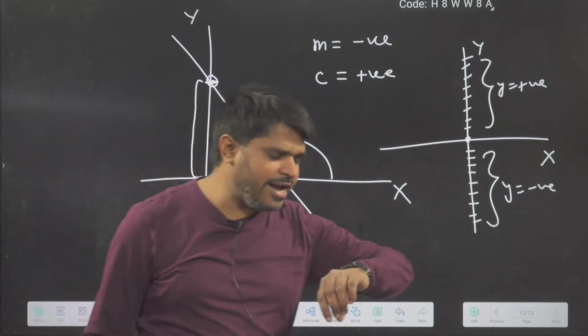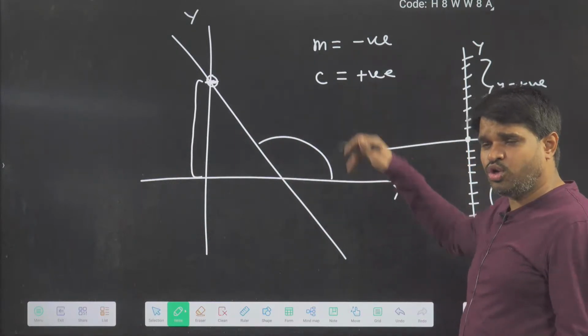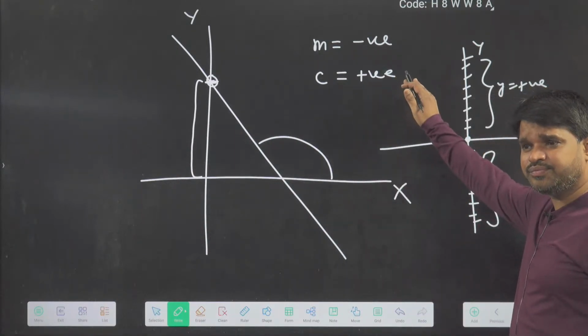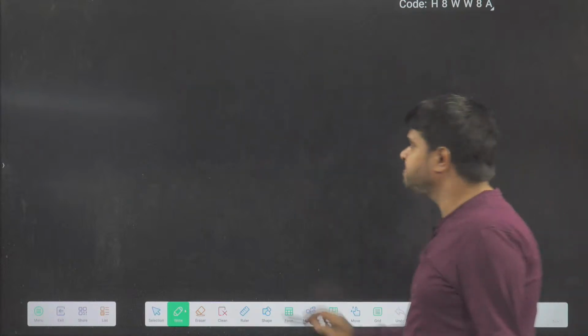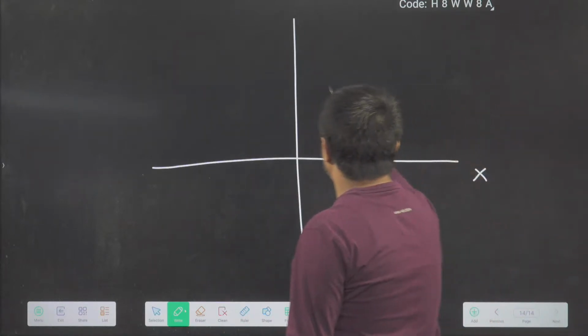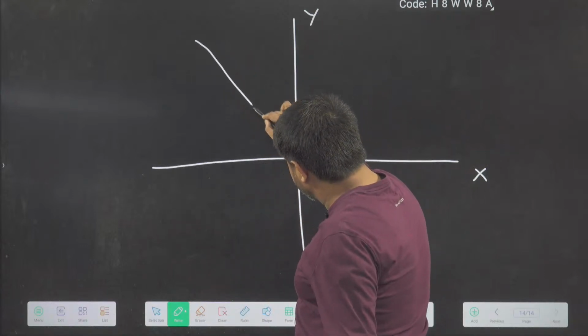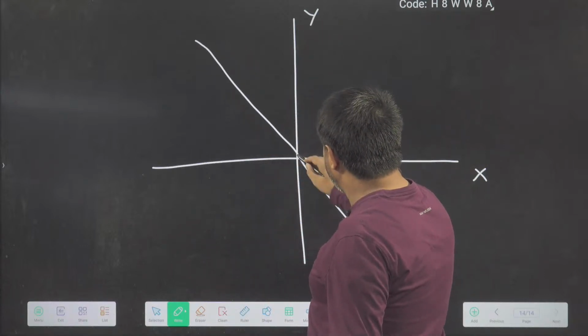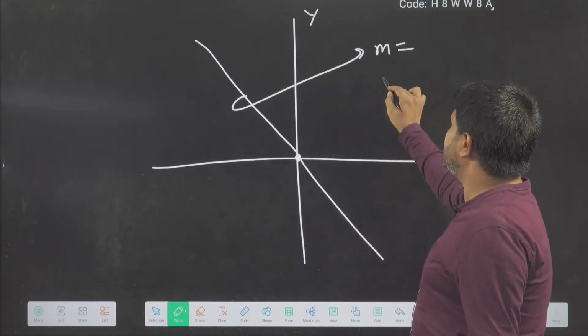Next line, you have to tell me the M and C value. Is it clear? The line is passing through the origin.